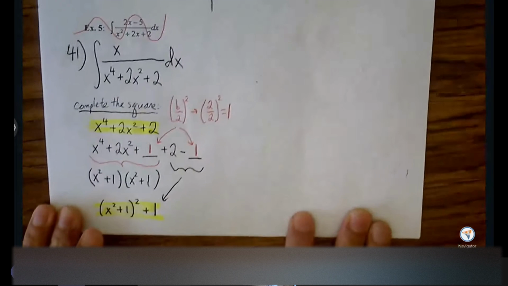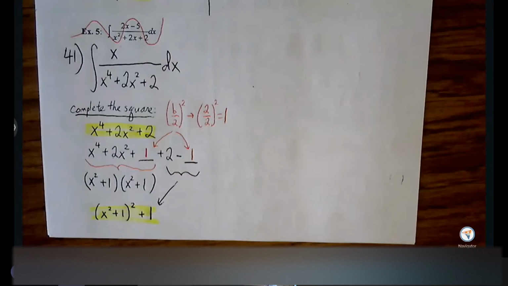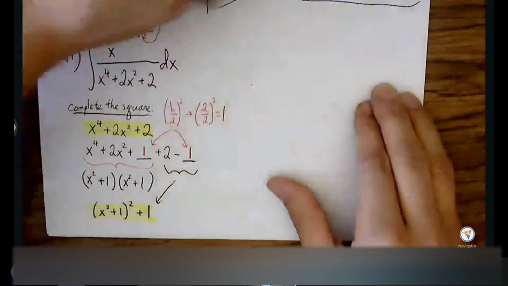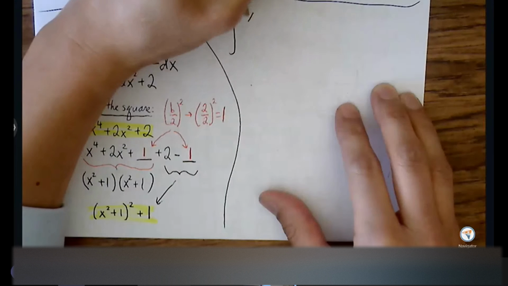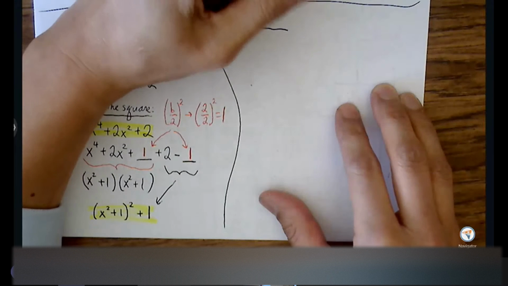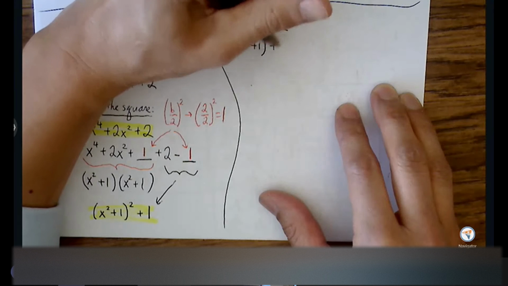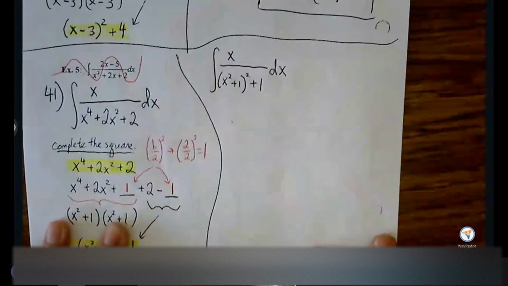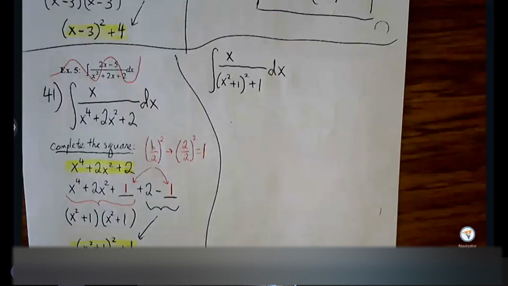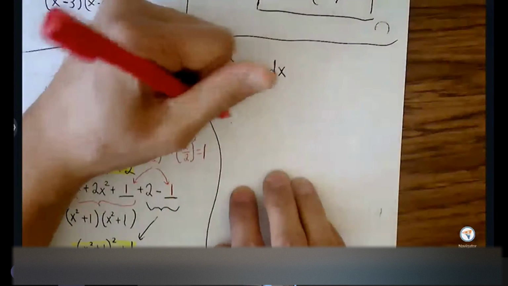Okay, reset. Get that denominator to be rewritten. I know I'm going to be matching with my arctangent rule.